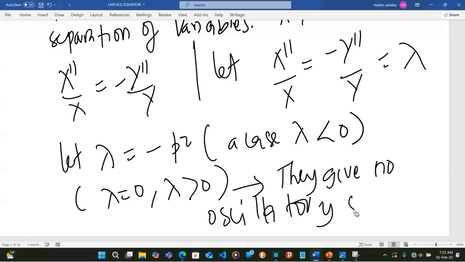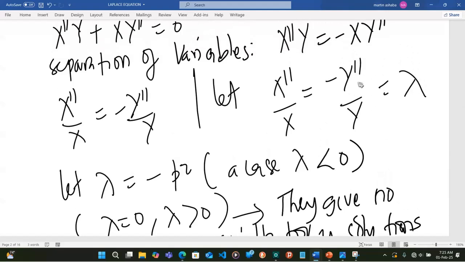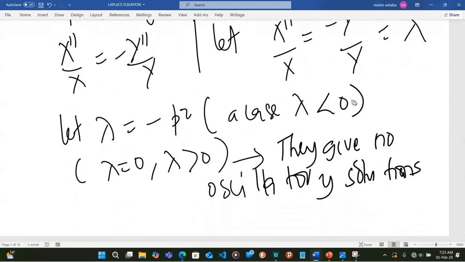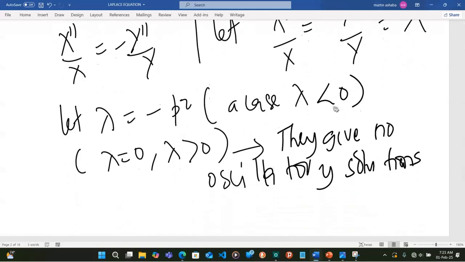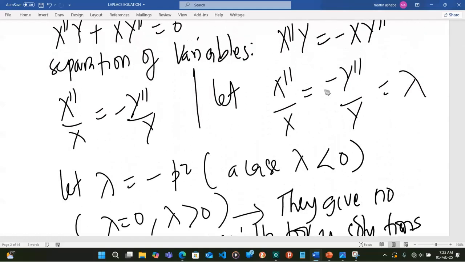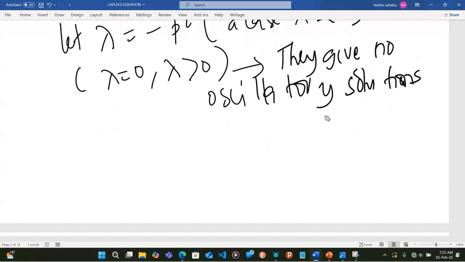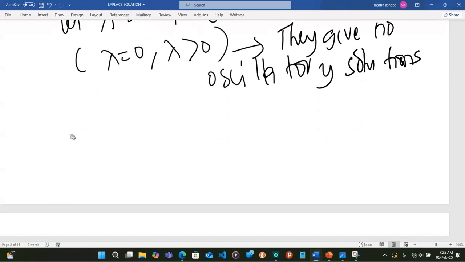So since they give no oscillatory solutions, we are going to discard them and then go with that part where lambda is less than 0, because it is what is going to give us oscillatory solution, and that will be the desirable one.